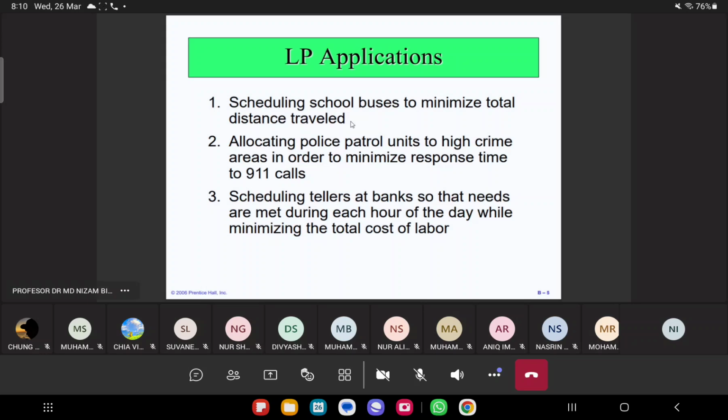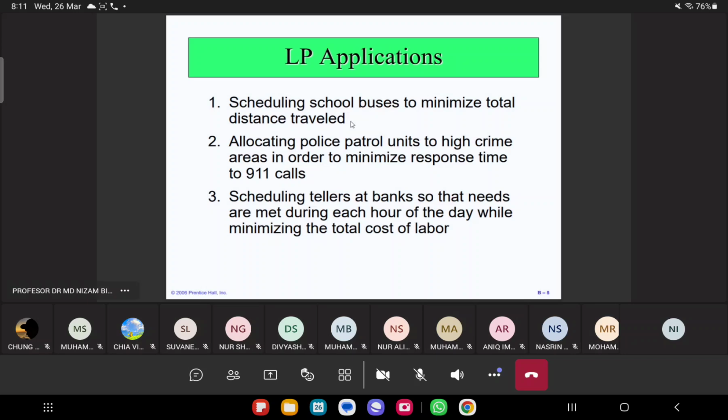School buses: there are many students, their houses are at different locations, and their schools are also at different locations. So you want to schedule your buses' pickup routes to minimize their total distance travel, right? Then you can use linear programming applications to do this.